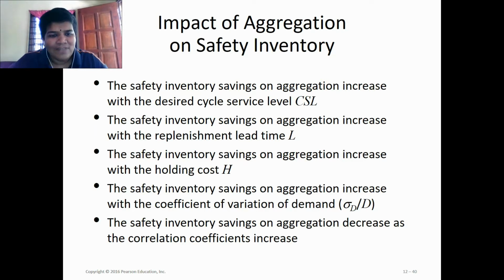The safety inventory savings on aggregation decrease as the correlation coefficient increases.